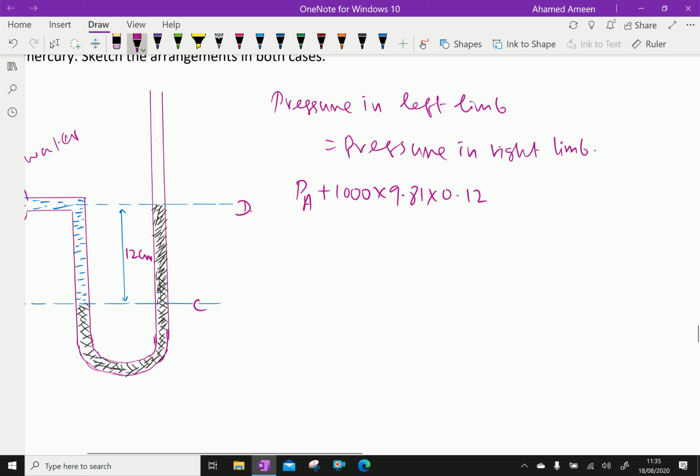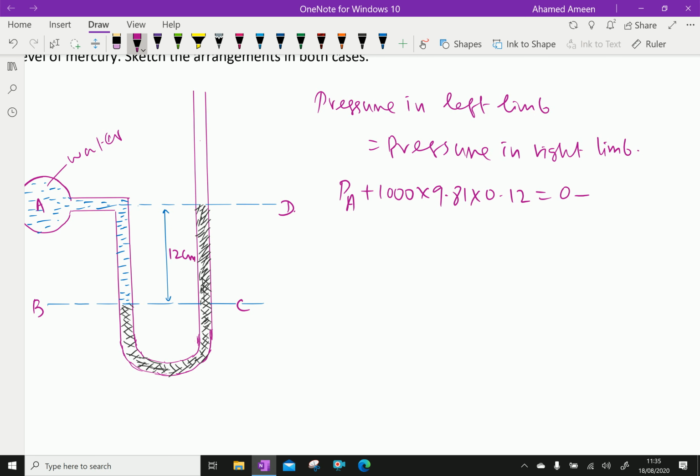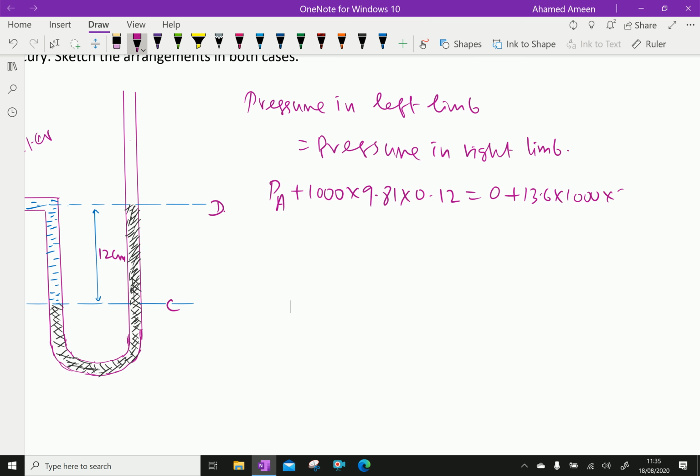The right side is open to atmosphere, so 0 plus, from line BC to this much, is rho g h. Rho is 13.6 into 1000 for mercury, g is 9.81 and h is 0.12.